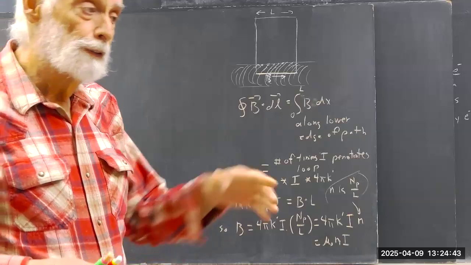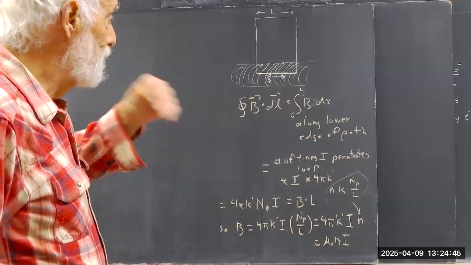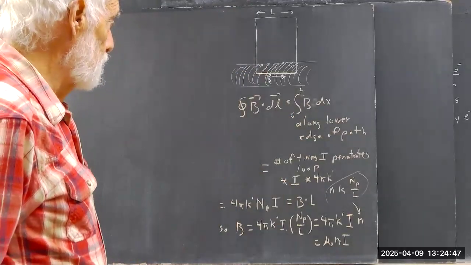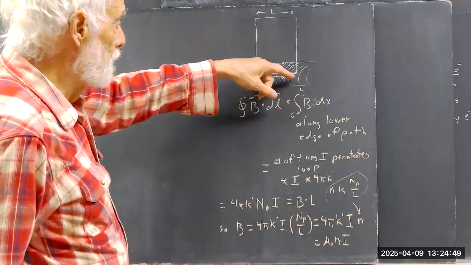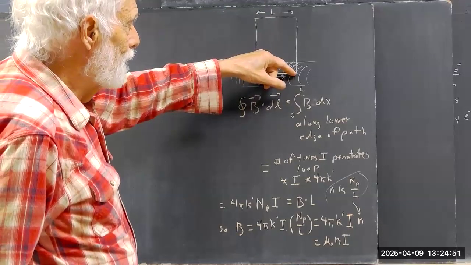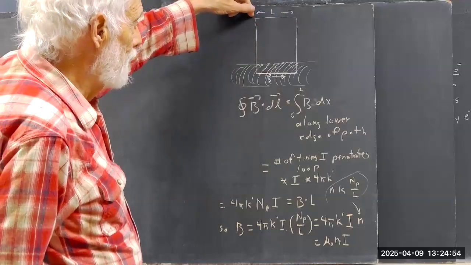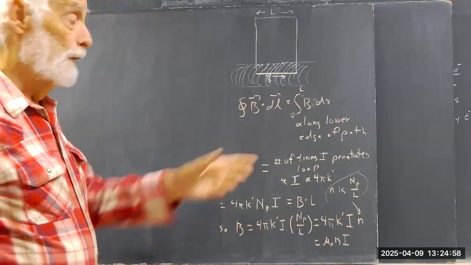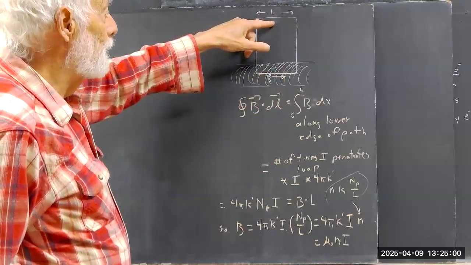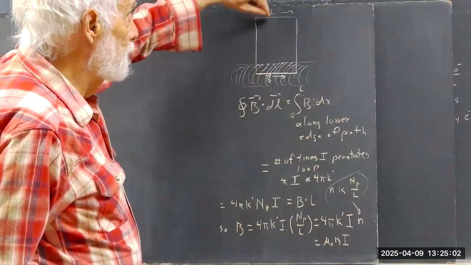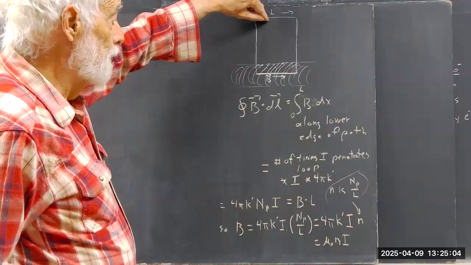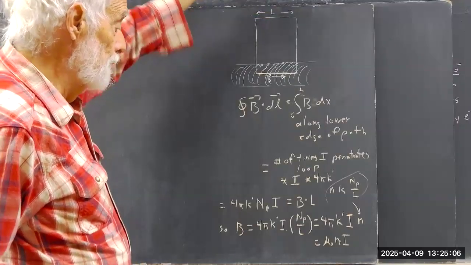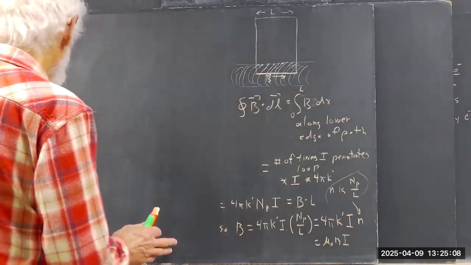Okay, at the ends, the symmetry argument kind of breaks down, especially the argument about the integral over this side canceling the integral over this side, okay? And edge effects, well, you can make this thing as long as you like. So you can make the magnetic field out here as close to zero as you like, and so you might as well just assume it's zero. Okay.